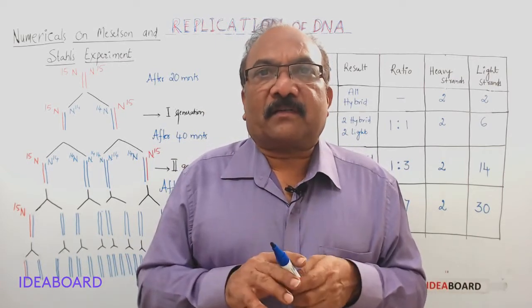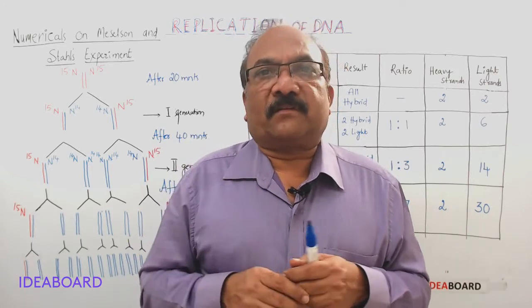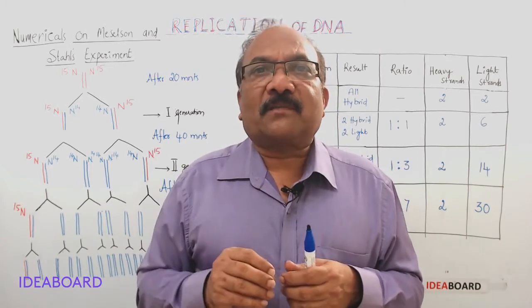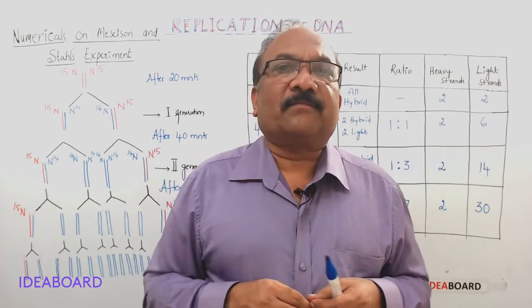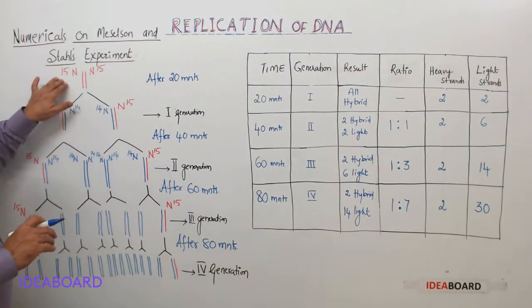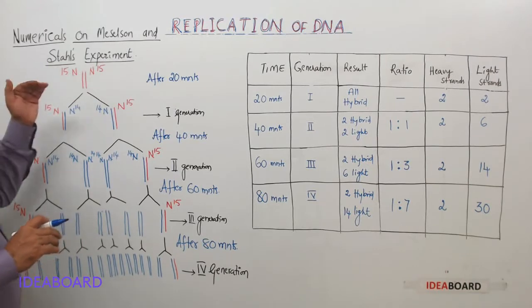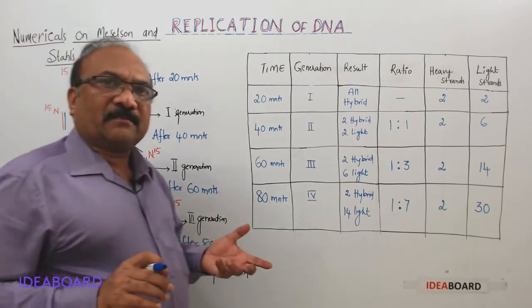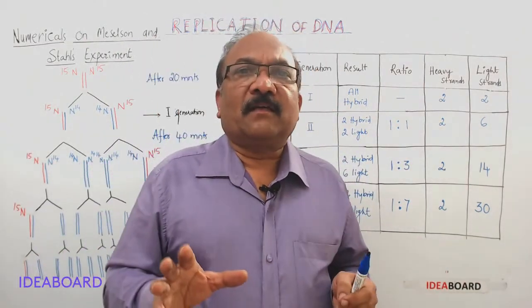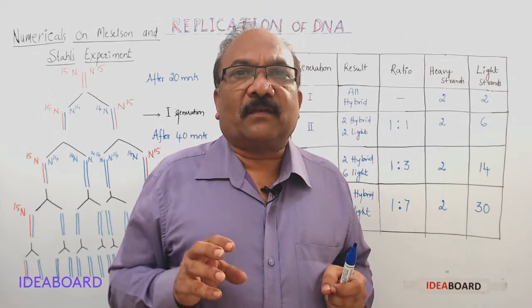Of course, don't forget many other nitrogenous compounds are also labeled with N15, but our focus is on DNA. Now they transferred these E. coli bacteria into the medium containing N14 isotope.